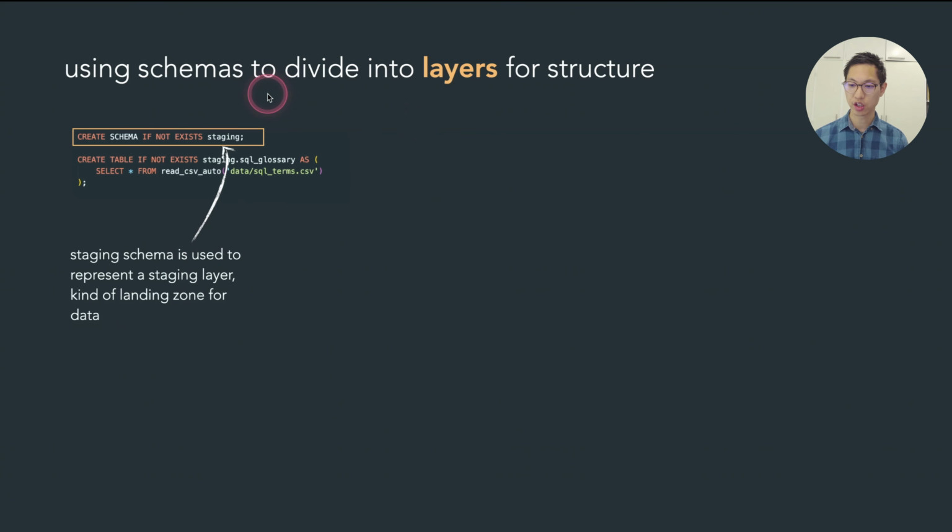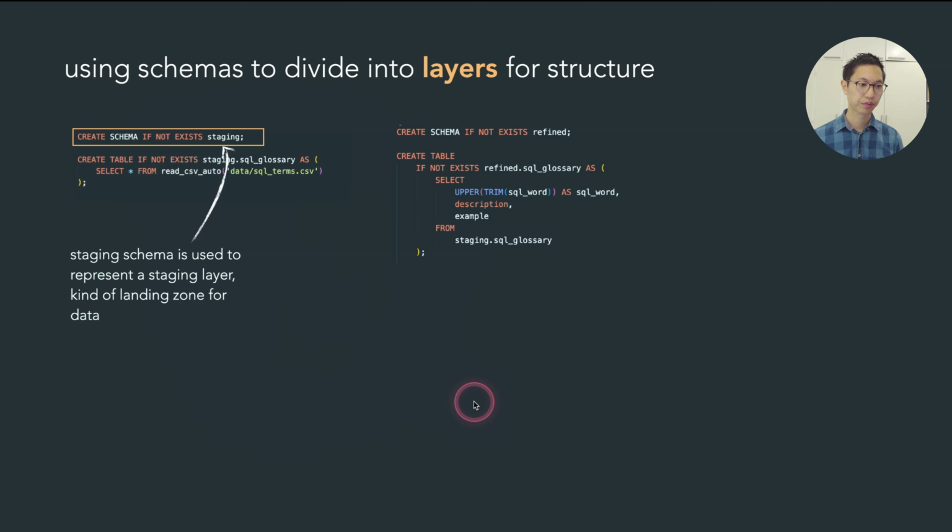I talk about it here because I want to introduce the concept slowly, and we will go towards a more data warehouse-like structure with more layers, where you have the staging layer in the beginning, and then you have a refine layer, and then you have something called a marts layer. But that will be later on when we come to the data warehouse course. But you should know that staging is usually used for a landing zone.